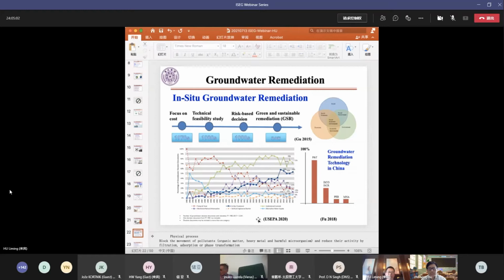We can see from the US EPA report that in situ technology is used much more in recent years. But in China, at a lot of sites, we still use the pump and treat technology.